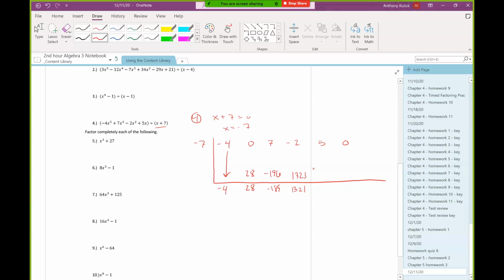And then multiply that by -7 is -9,247. Add down, that's -9242. And I multiply that by -7. And I get 64694.